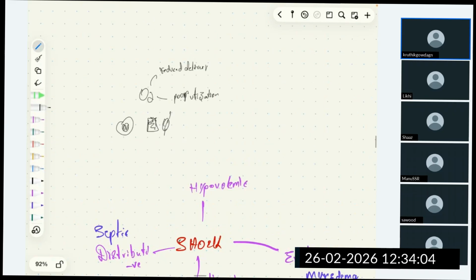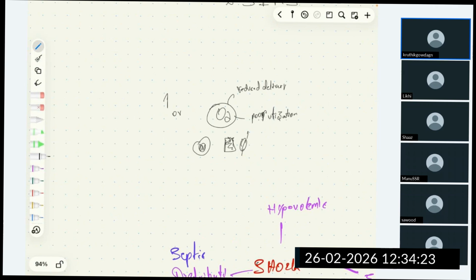Okay, we can remember it like this: it is a state of cellular and tissue hypoxia with either reduced oxygen delivery or poor oxygen utilization. This is one. And the other one, we have increased oxygen consumption with circulatory failure, which results in poor perfusion.